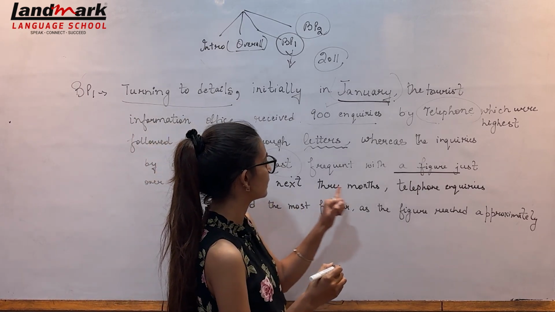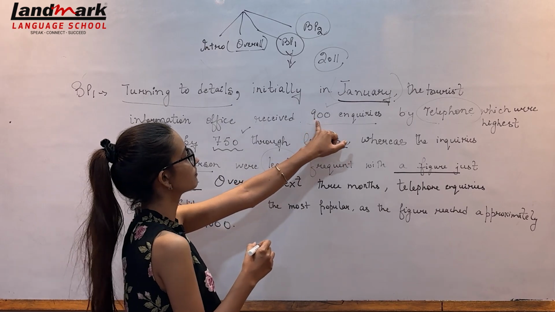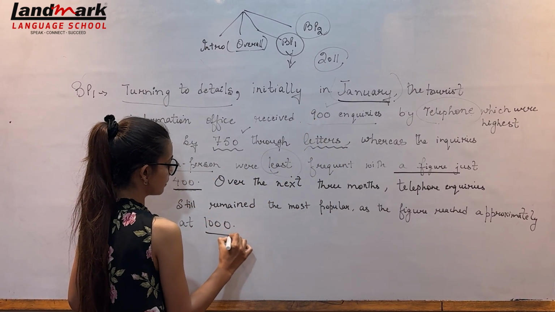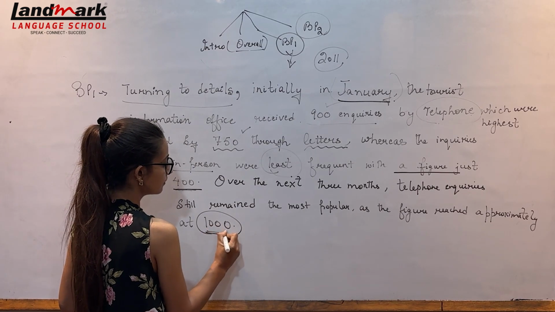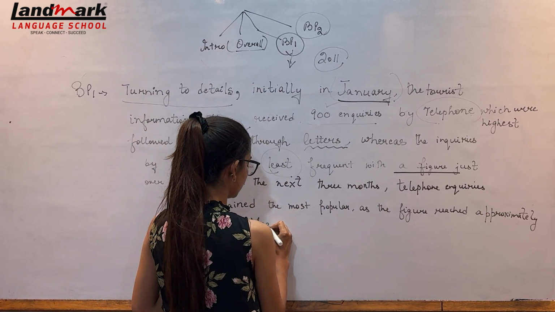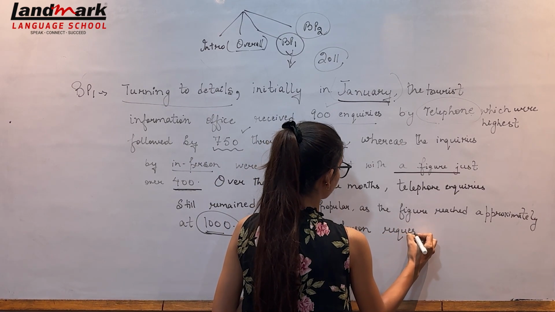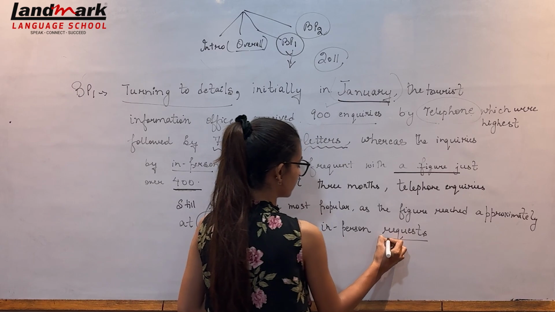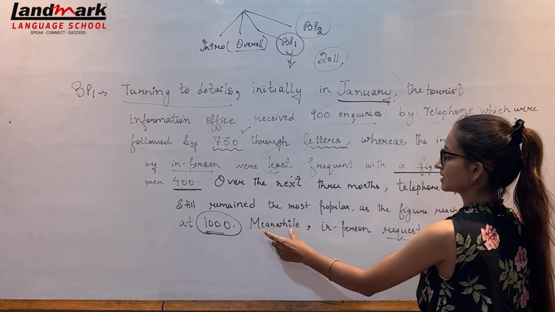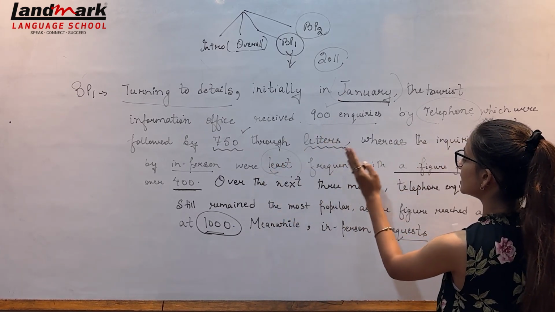As you can see, the telephone inquiries still remain the most popular, starting from 900, then up to the next 3 months, it reached 1000. So just like this, meanwhile, in-person requests, so instead of repeating inquiries, you can also write requests. Meanwhile means that time, in the same time frame, like from January to March.